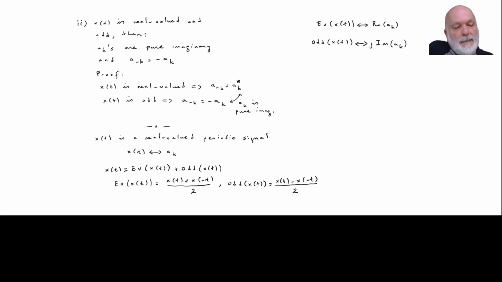Okay, so that is how we obtain the Fourier series coefficients of the even part and odd part of a periodic signal.